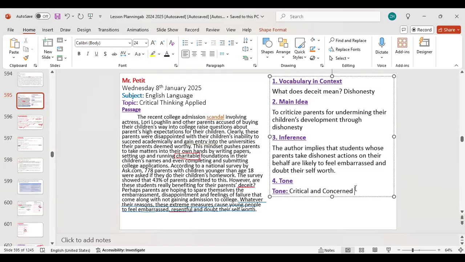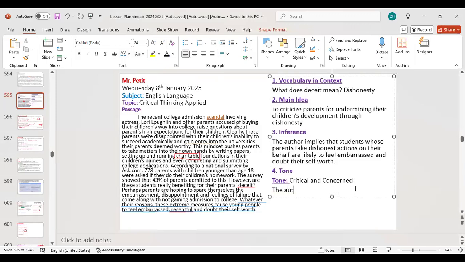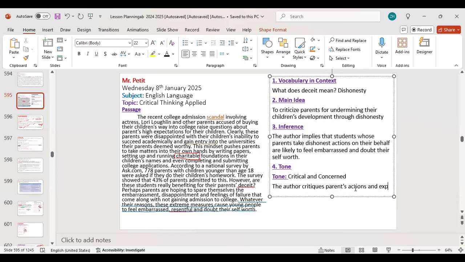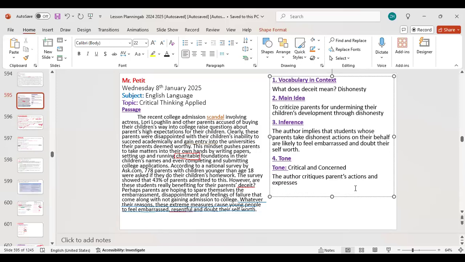So let's explain it. The author's tone is critical and concerned. We say that the author critiques parents' actions and expresses what? This is what you have to write in your exam. When they ask you about the tone and ask you to say why, you give the tone: the author's tone is critical and concerned.